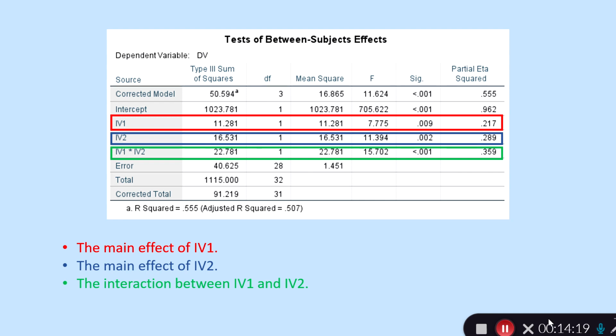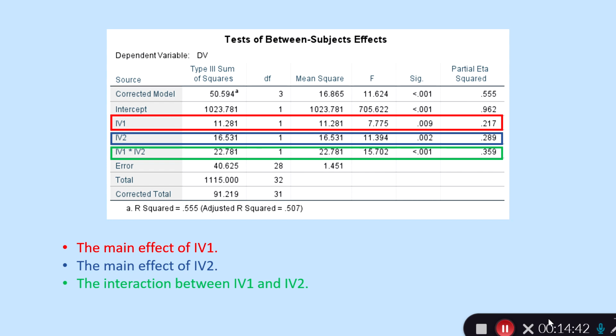This is a made up example, and I've called them IV1 and IV2, and I've called the DV for illustration. This data set is a 2x2 ANOVA, so we've got 2 independent variables, each of which has 2 levels.